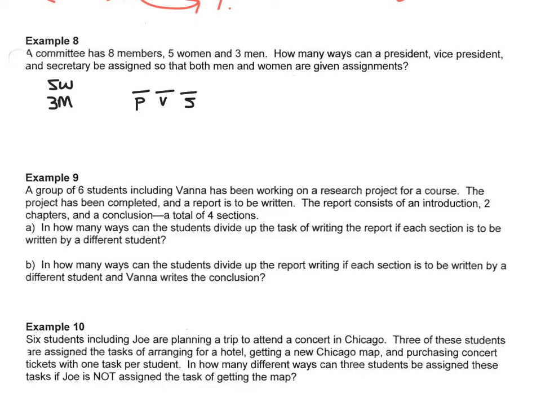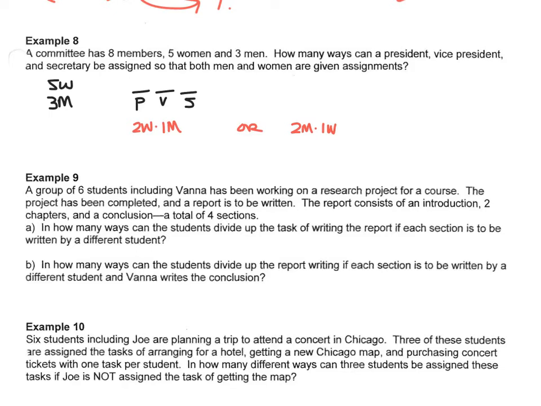So that's either going to be 2 women and 1 male, or 2 male and 1 female. If you think of other combinations of this, like let's say you have 3 men, well then you have no women.